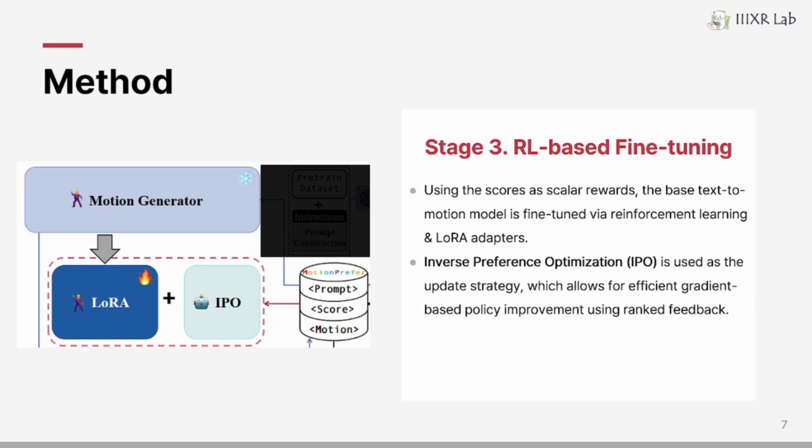So overall, Atom's method is distinguished by its use of large vision language models, not as generators, but as automated reward providers that evaluate motion in a structured and interpretable way. This architecture allows the model to receive feedback that is much closer to how a human might evaluate whether a motion truly matches a given instruction.